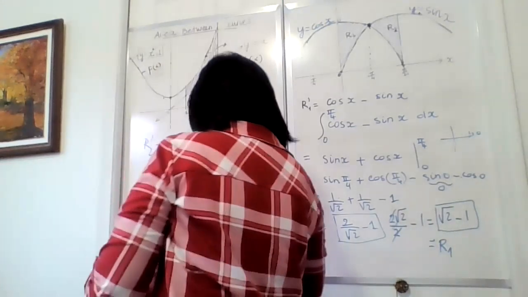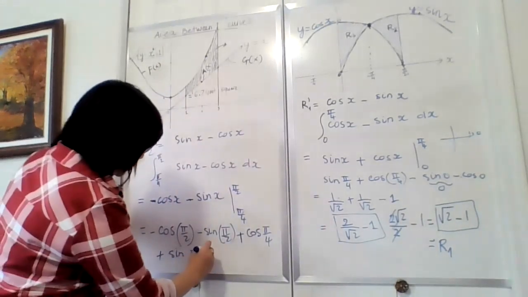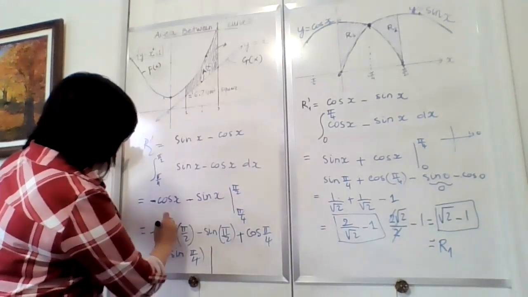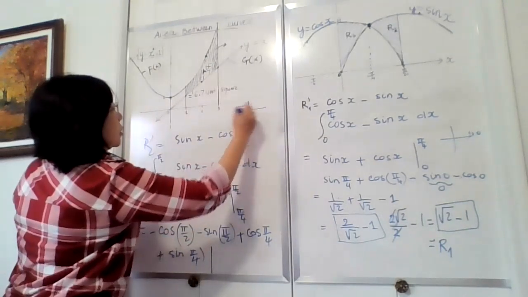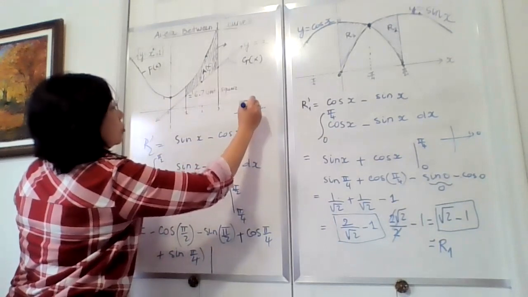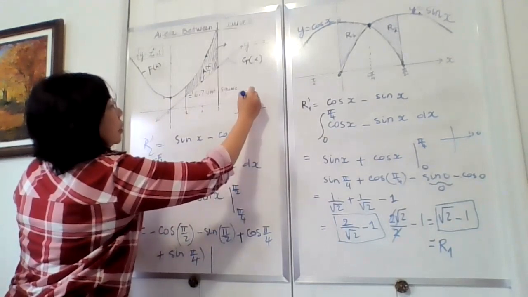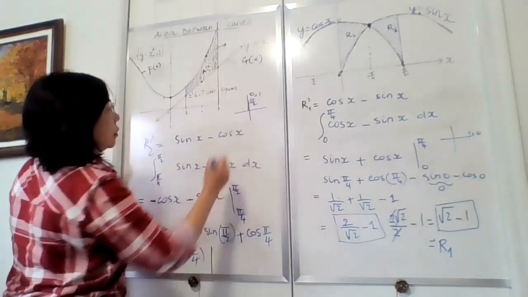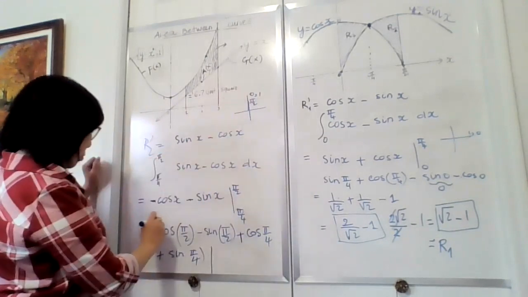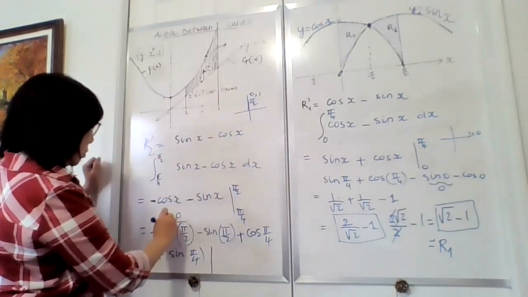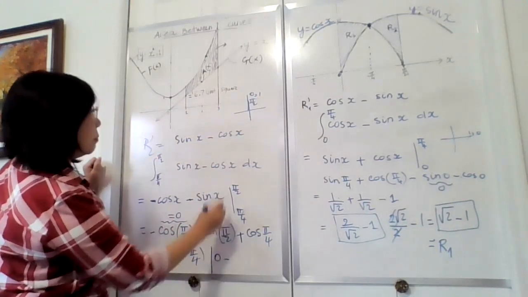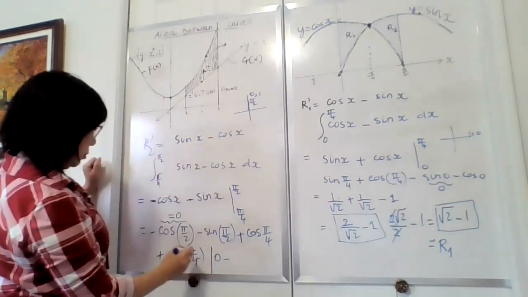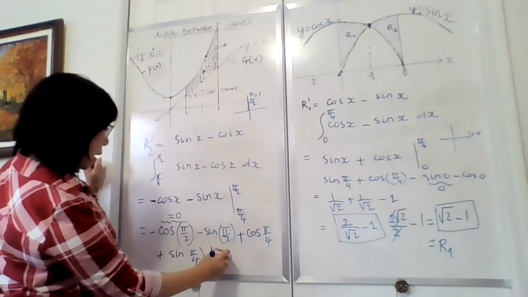So the answer for this: cos of pi over 2, this is our pi over 2 here, and the coordinate for that is 0, 1. So cos is 0, so this equals 0. Sine pi over 2 is 1, so we have minus 1.